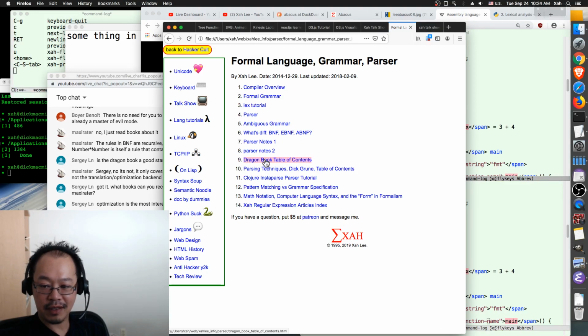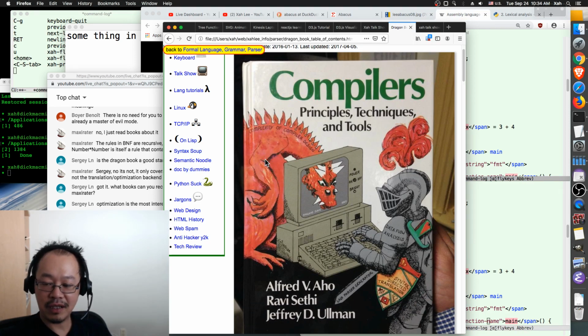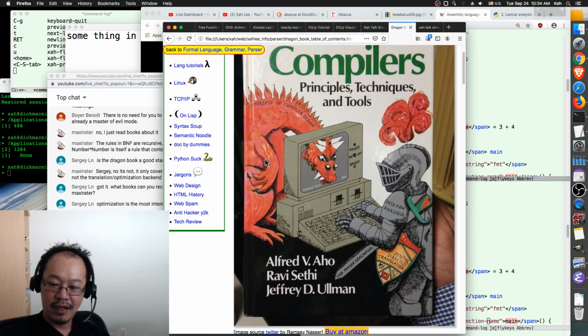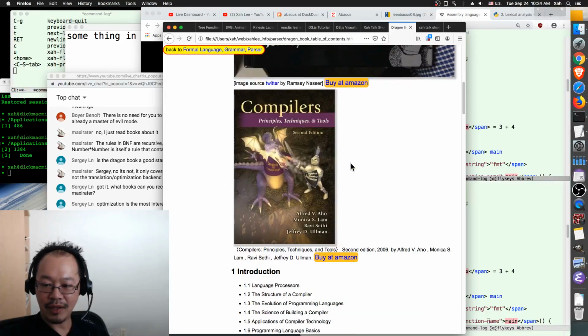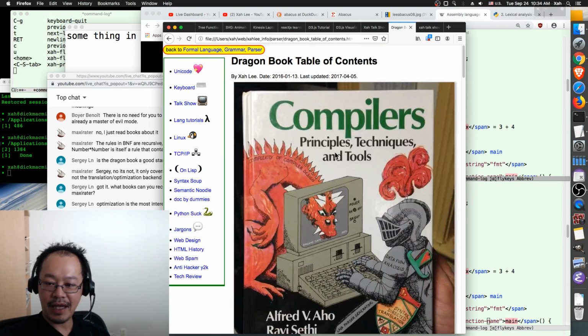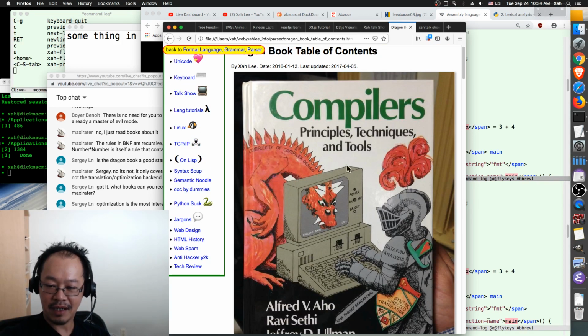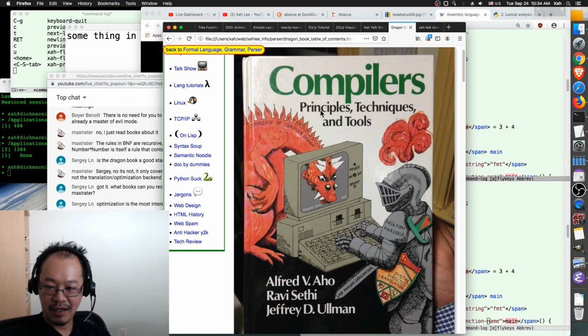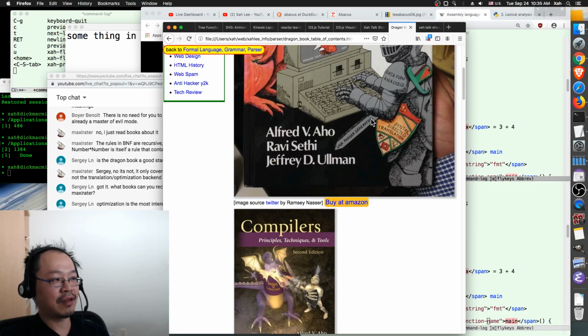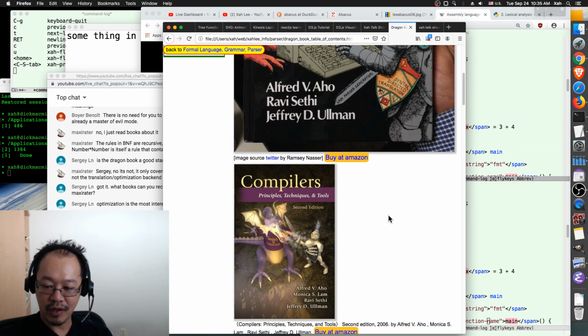So the Dragon book is the most famous. I recommend it. The latest version is this one, but I like this cover much better. This is the classic from the 1990s. I read like three quarters of it.